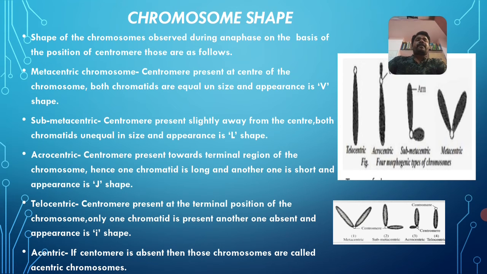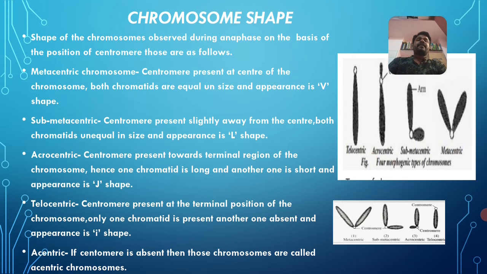See, the first one is a metacentric chromosome. Here the centromere is present at the central region. Both chromatids are equal in size and the appearance is like a V shape. Those kinds of chromosomes are called metacentric chromosomes.